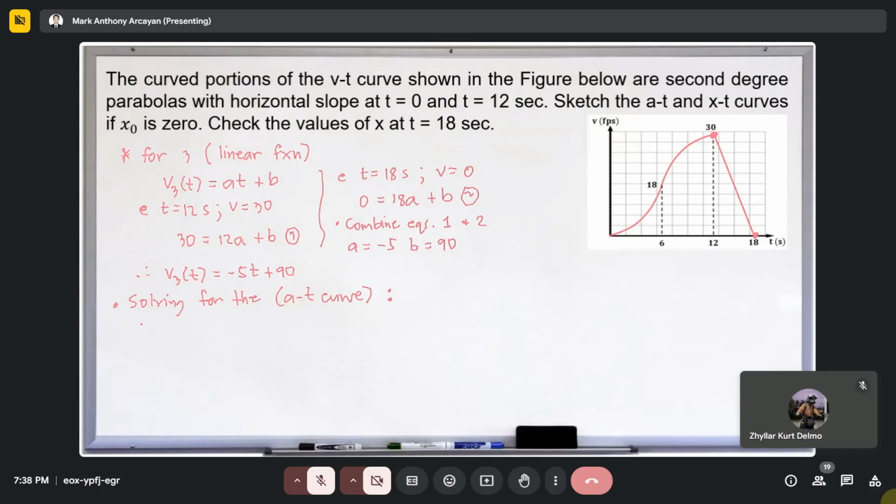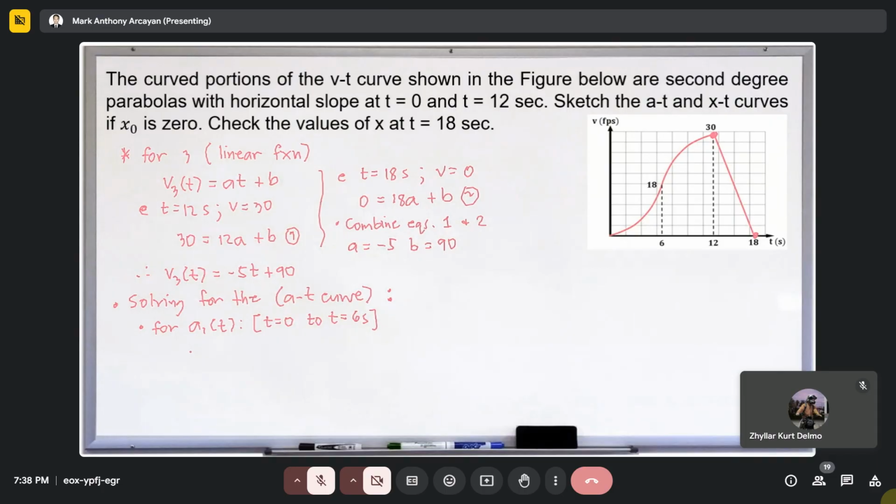Okay. We will start with a sub 1 of t, on the time interval t is equals to 0 to t is equals to 6 seconds.